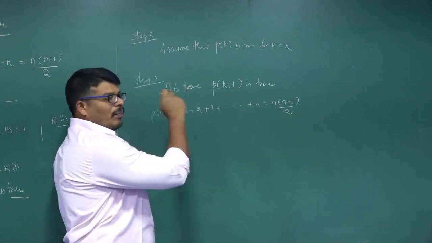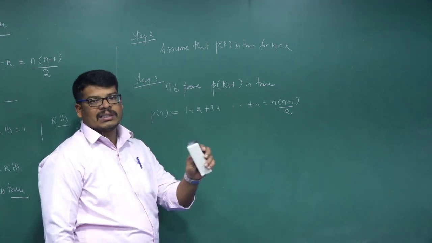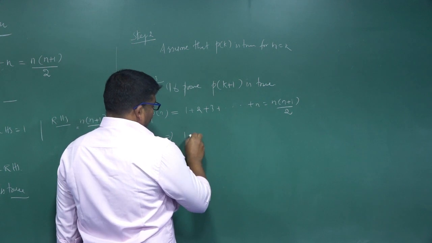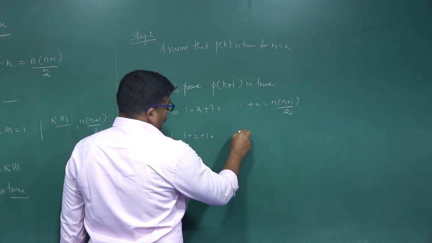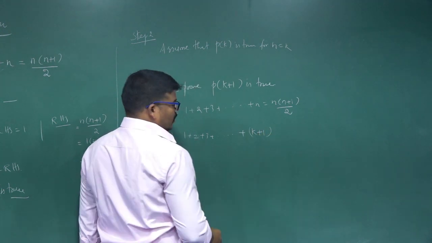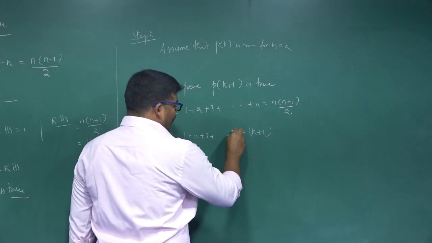Now substitute n equal to k plus 1. P of k plus 1 is 1 plus 2 plus 3 and so on, plus k plus 1, where the previous terms go up to k.